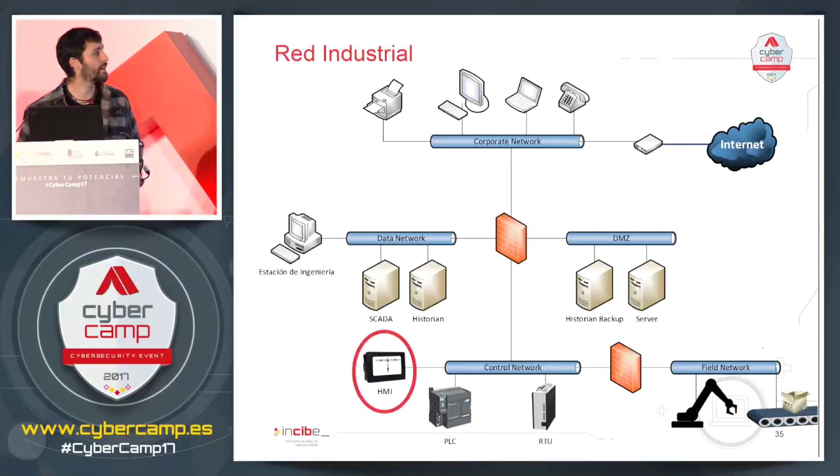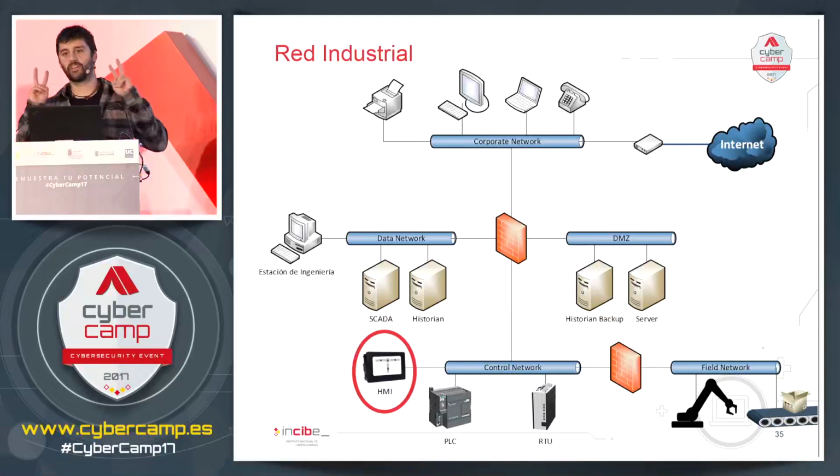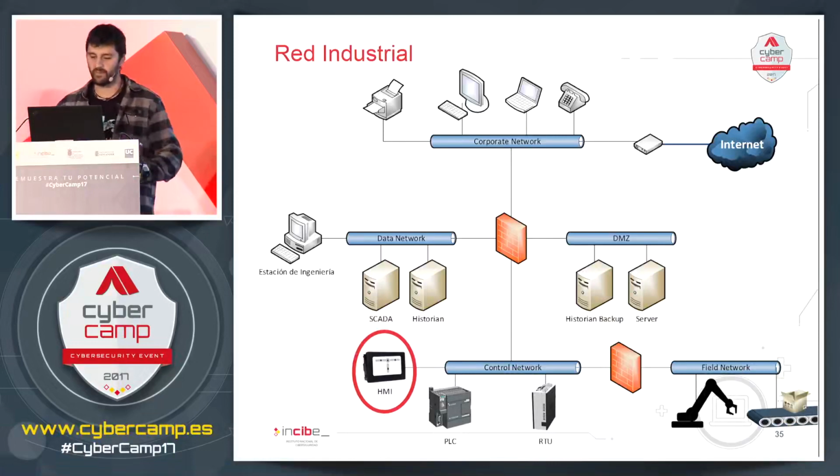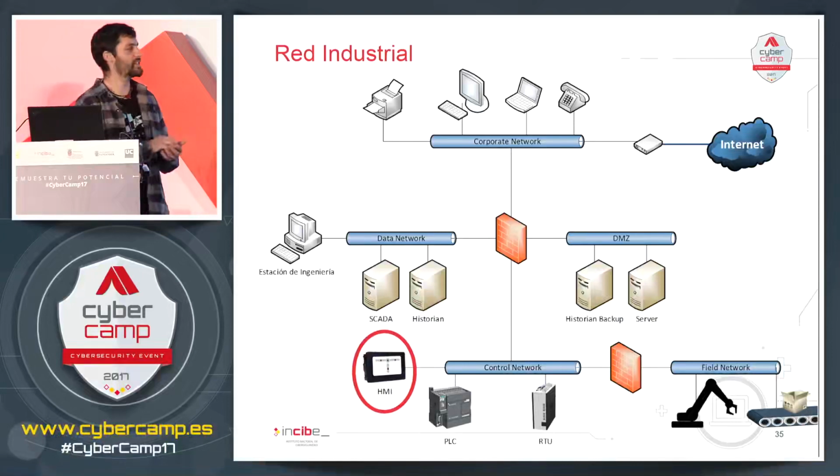This is a network, the traditional company network with an industrial network. We have the corporate network with mobile phones, printers, laptops, routers, the common bread and butter in a company. Then you have a data network with the historian, which is a way of collecting databases.